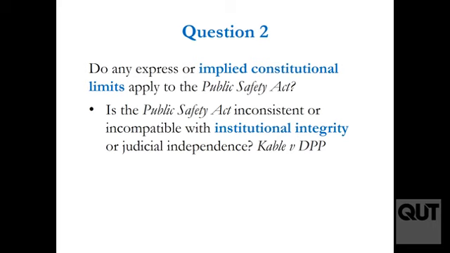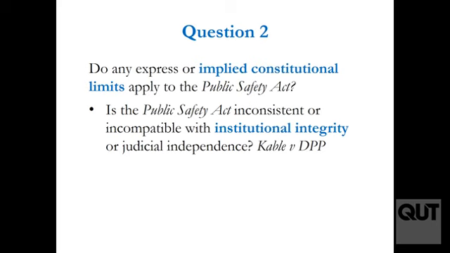The main issue is whether this Act is inconsistent or incompatible with the institutional integrity or judicial independence of the court. So hopefully you remember, there's a really strict separation of powers at the Commonwealth level. Okay, there isn't the same at state level. So that's why we have the Kable Doctrine.